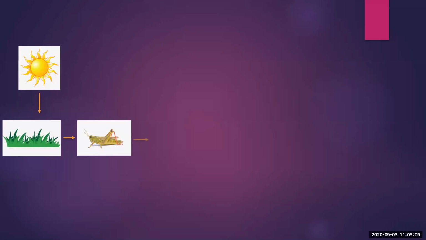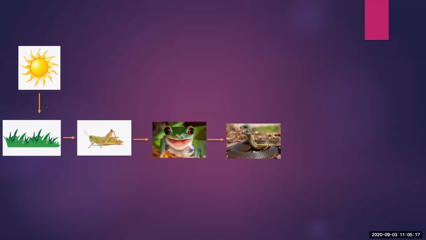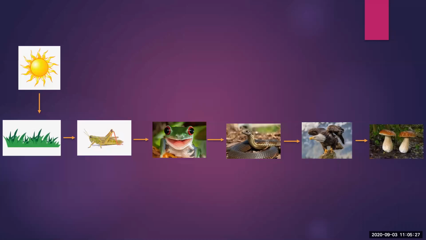Then grasshopper is eaten by the frog. Then again frog is eaten by the snake. Then snake is eaten by the eagle. Then when the eagle dies, its dead body is decomposed by the saprophytes. Okay, have you seen this?